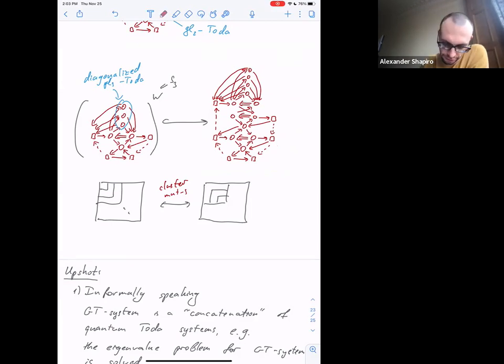I will not explain that now, but the story is that you have some gauge theory, a gauge quiver that defines the theory, and the work we were doing takes this gauge quiver and produces a cluster quiver from it that describes the cluster structure.